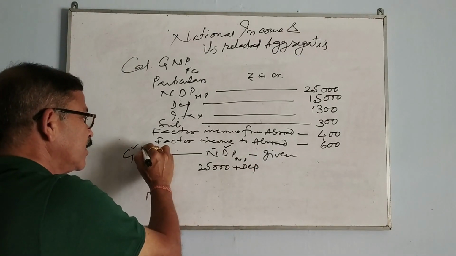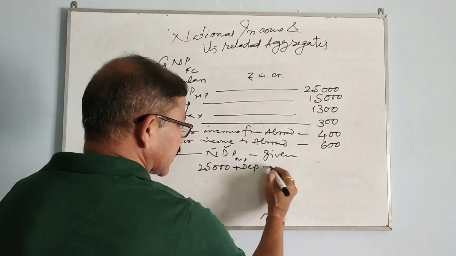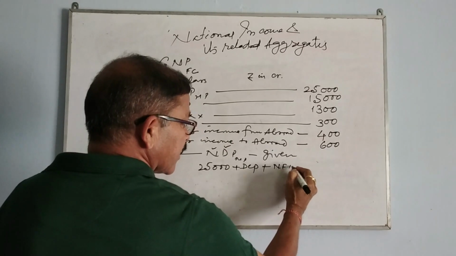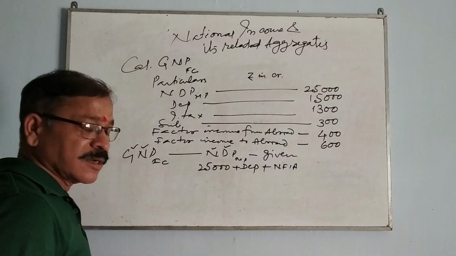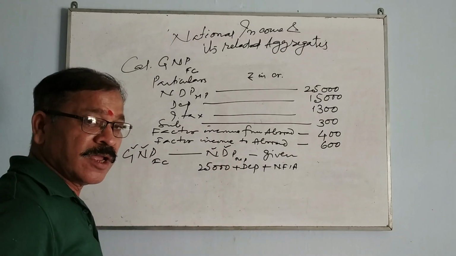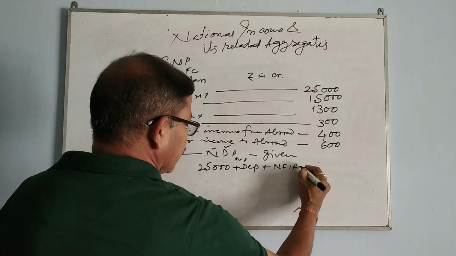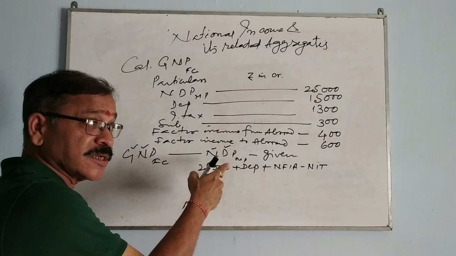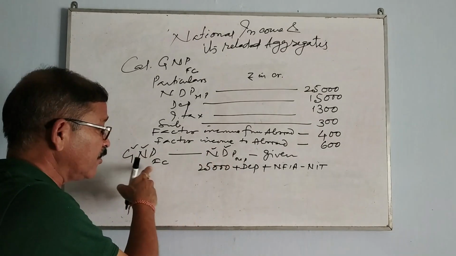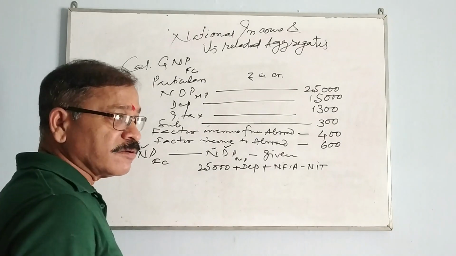You have to find out national. That is plus NFIA. Okay. MP is given. You have to find out FC. That means minus NIT. MP, market price, is given and you have to find out FC.